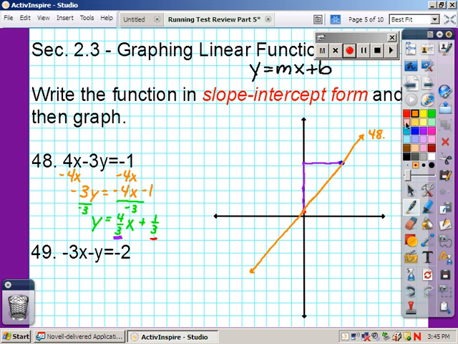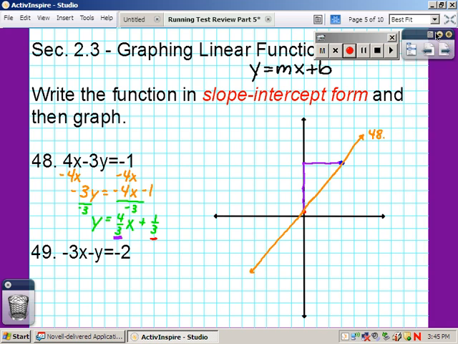Okay, and if we look at the next problem, it's the same concept. Again, we want to have y by itself. I want it to be in slope-intercept form. So y only. So first off, I have this negative 3x I want to get rid of by adding 3x to both sides. But that leaves me with a negative y, a positive 3x here, and a minus 2.